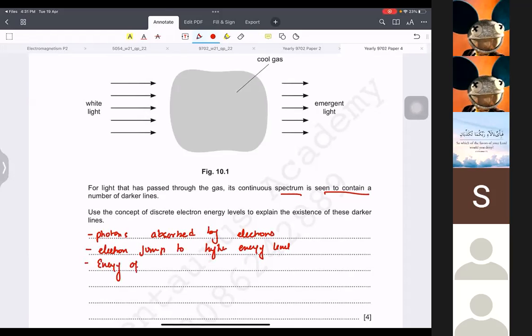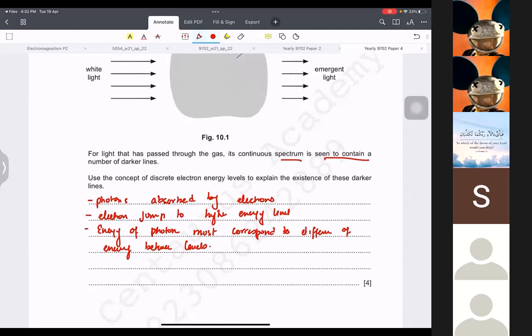Energy of photon must correspond to difference of energy between levels.